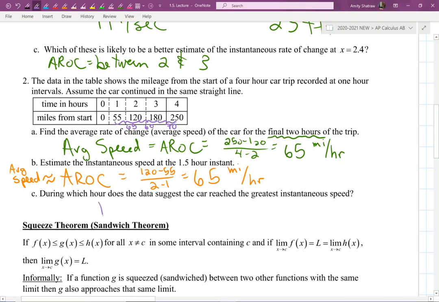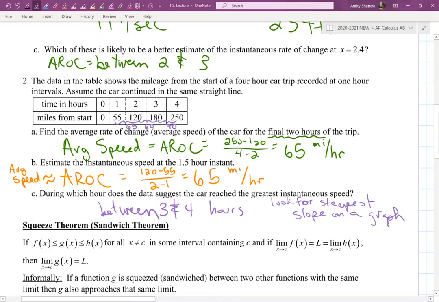So I'm going to say that between the 3rd and 4th hour is when my speed was the greatest. Okay. And by the way, I'll also mention that you can always look for the steepest slope on a graph.